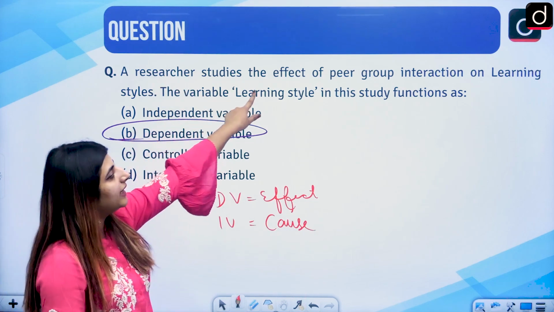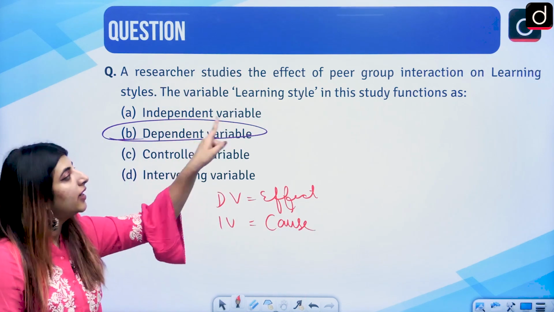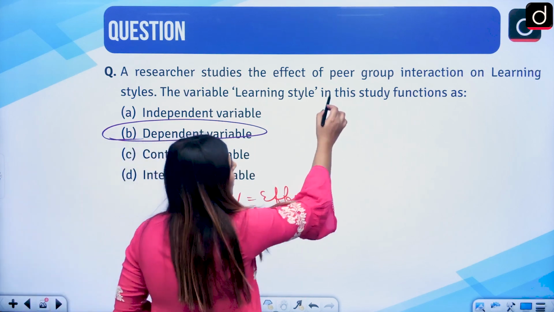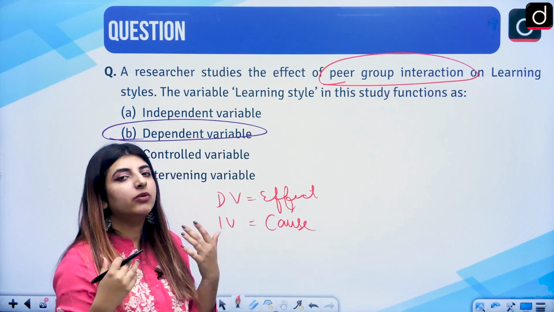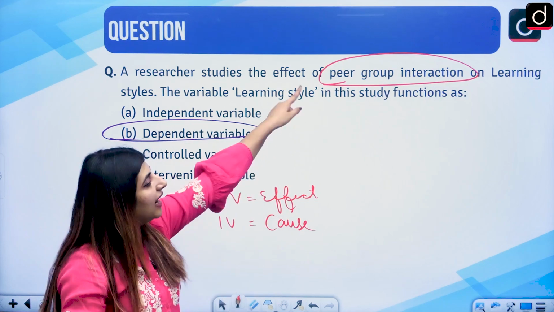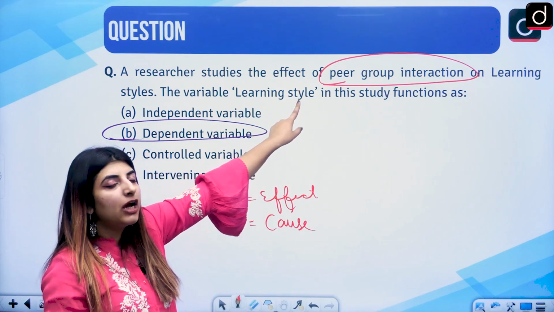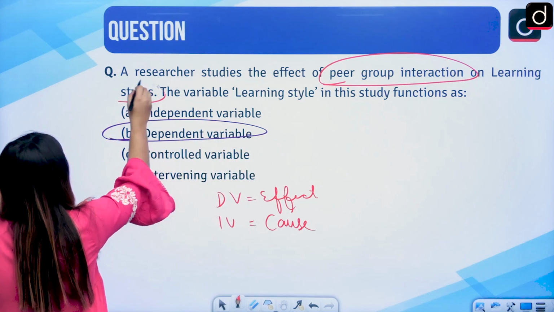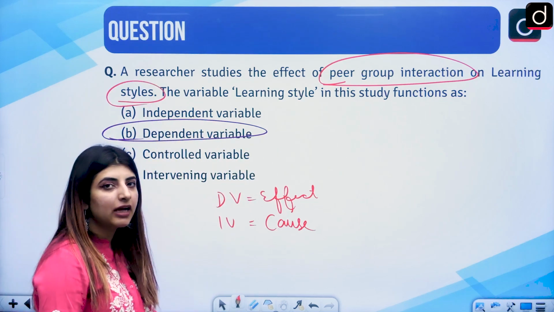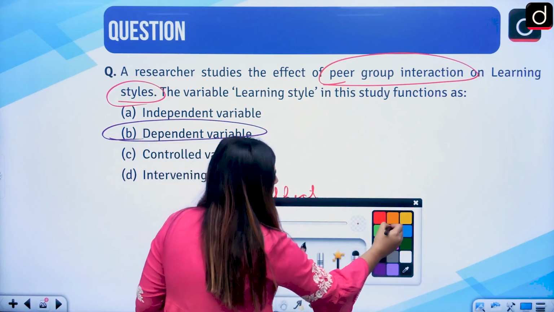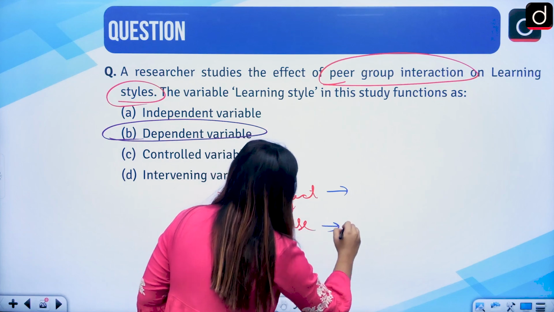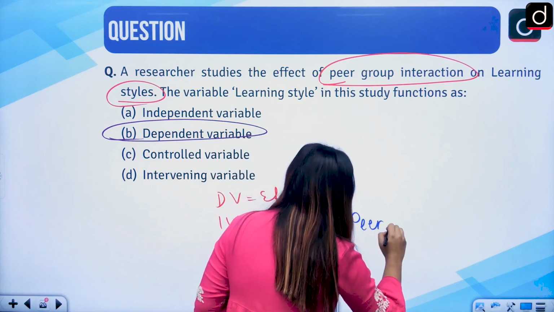So the researcher studies the effect of peer group interaction. If I'm interacting with my friends, my peers, that is the one leading to different learning styles. So here peer group interaction is the independent variable because it is affecting.